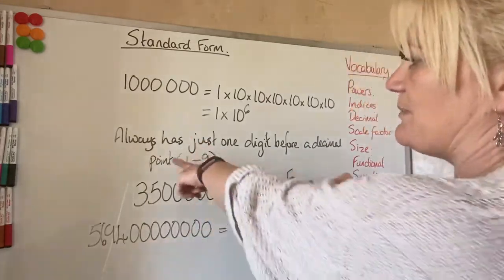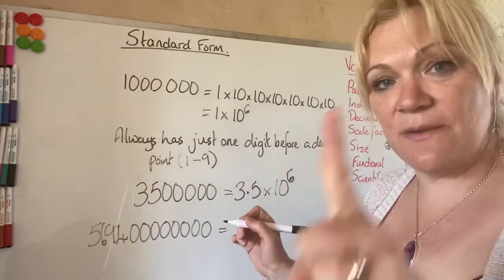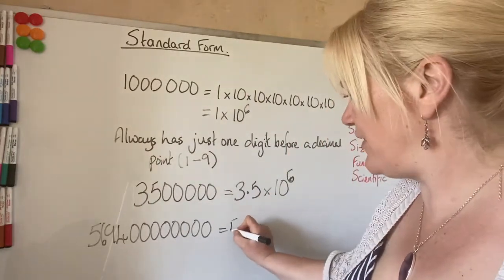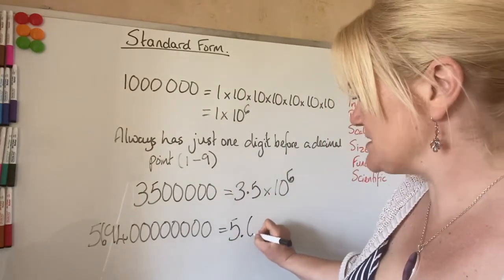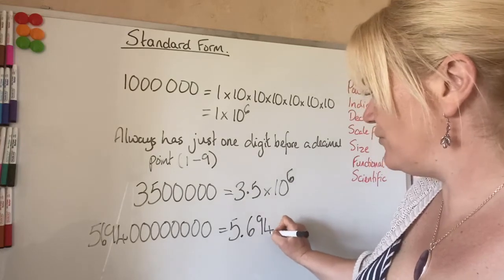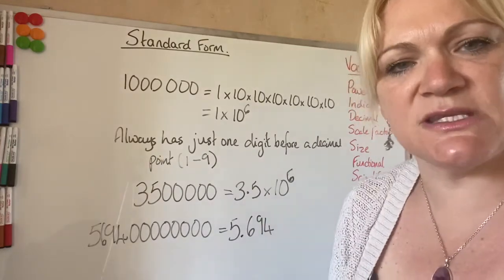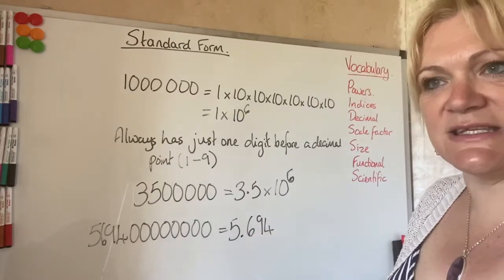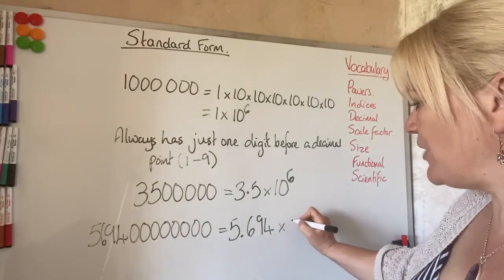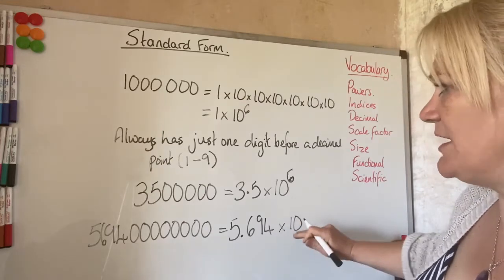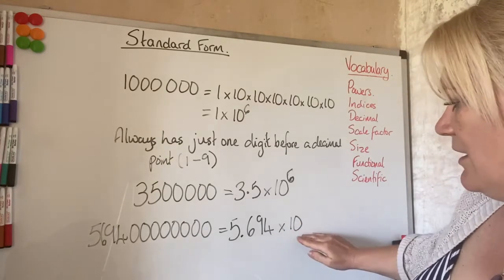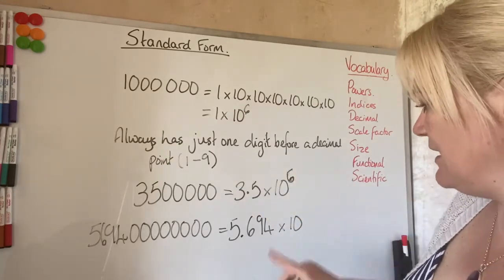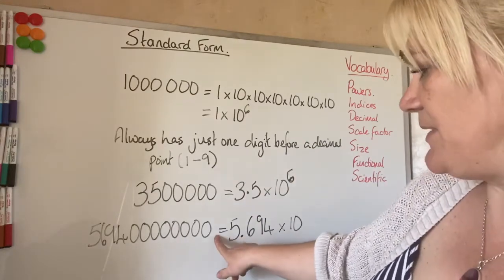So we know that we must have just one digit before our decimal point. So we're going to put the 5, then we put all the other numbers afterwards: 6, 9, 4, all the actual digits afterwards. We're not going to bother about the zeros because they can just be lost in the decimal places. Then we know we have to multiply it by 10 to a power. We're going to have it times 10 to the power of what?